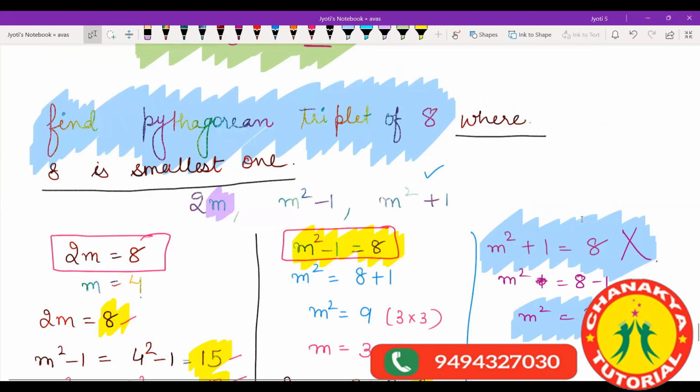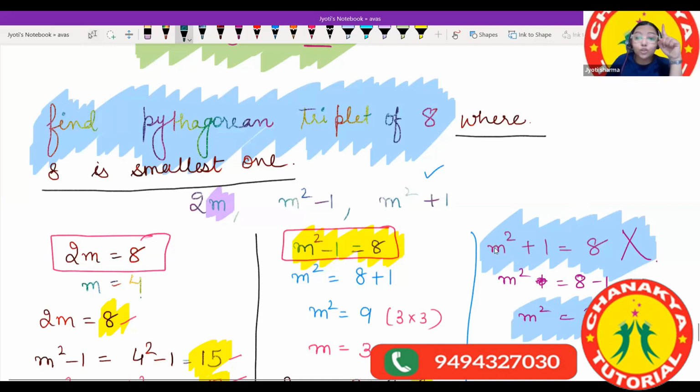See, if you see, I did not get an answer through this one. So you can check with any one of the equations. If you have an odd number, then you can equate with m square plus 1, and you will get an even number, right? We'll do more questions, don't worry.